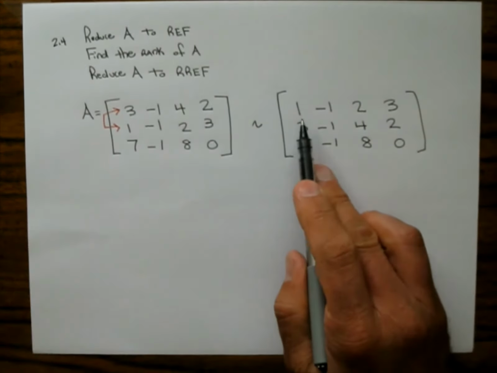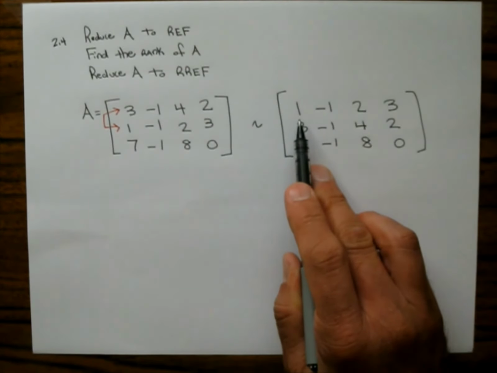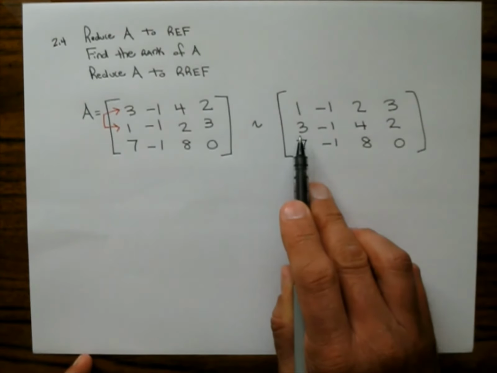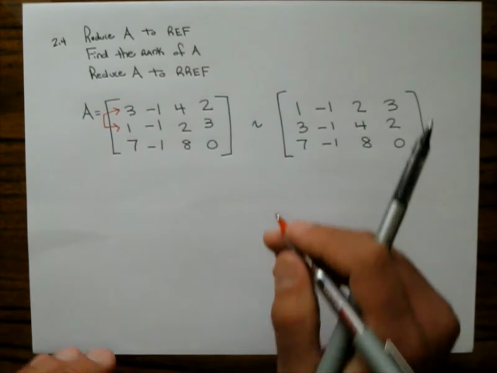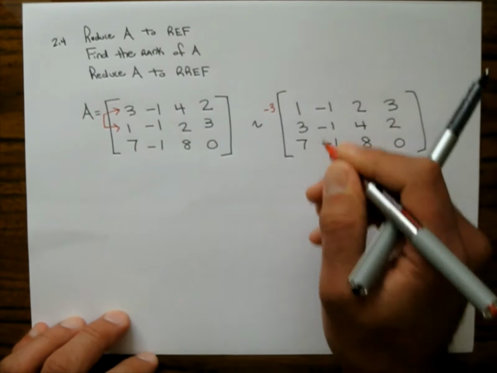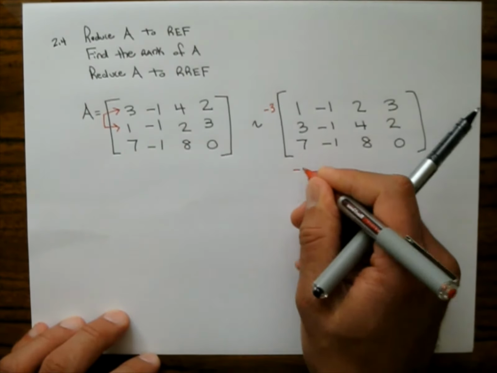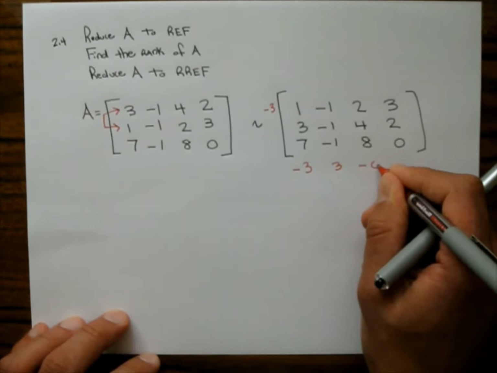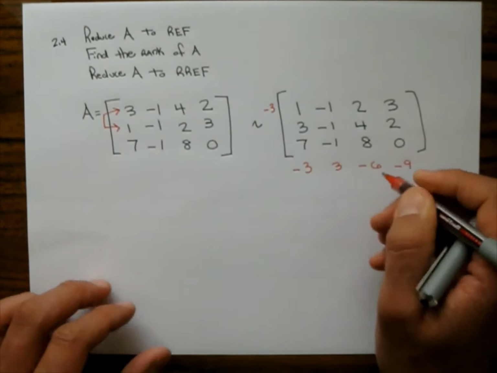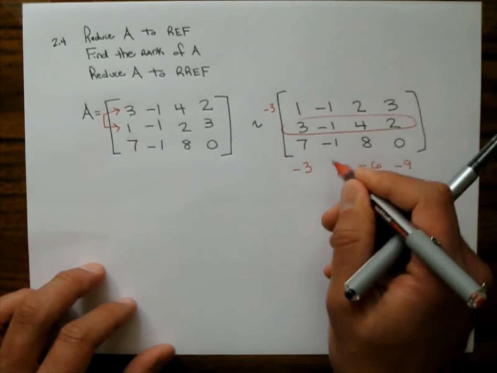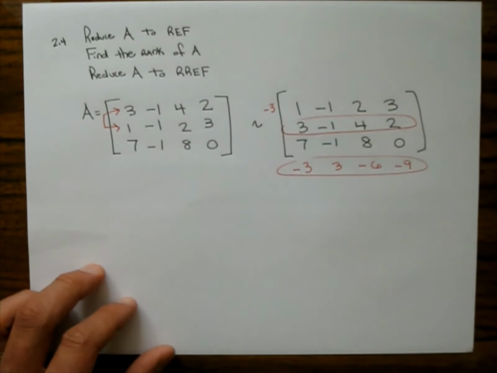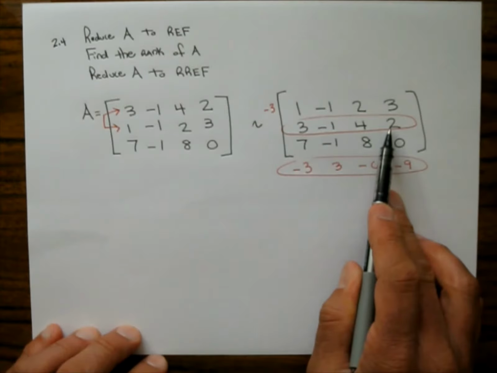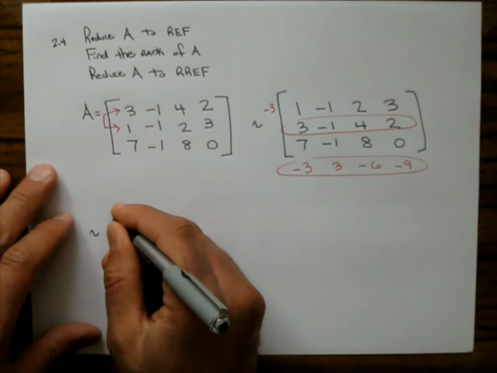Okay, so I'm going to use this 1 as a pivot, and I want to put a 0 where the 3 is. So I'm going to have to multiply row 1 by a -3. So modified row 1 is right below the matrix: -3, +3, -6, -9. And I'm going to go ahead and add that modified row 1 to row 2, and that's going to give me the new row 2. So I'll put it right here.